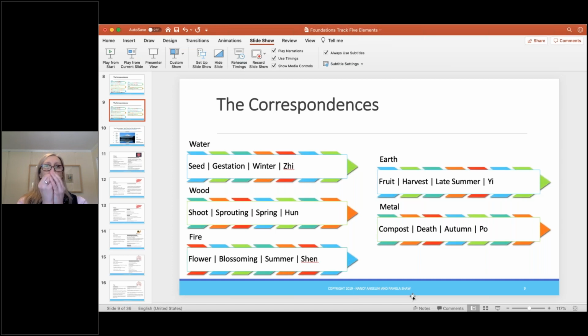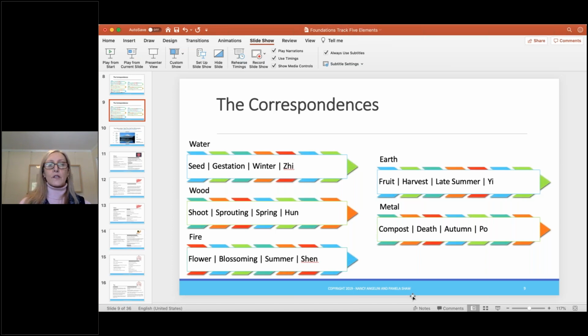Wood is the shoot, the thing that's just sprouting up. It's springtime, or sprouting. When you sprout things, that's part of the wood element, and it's called the Hun. So the spirit, the thing that enlivens wood, is called the Hun. The thing that enlivens water is the Zhi, the spirit of water. And fire is the flower, the full blossom, summer, and the Shen.